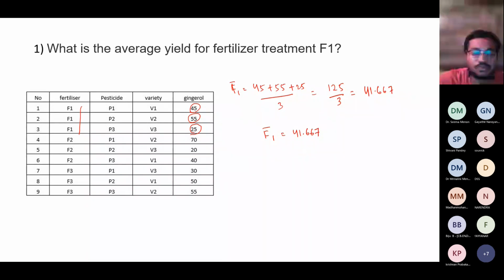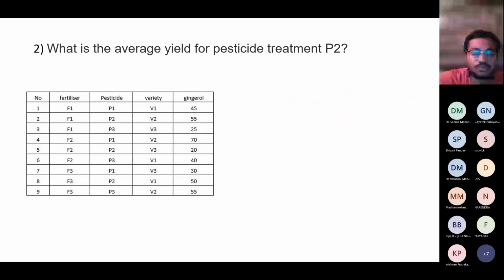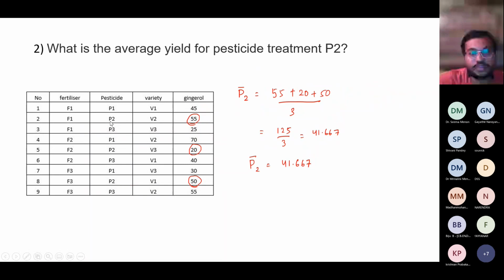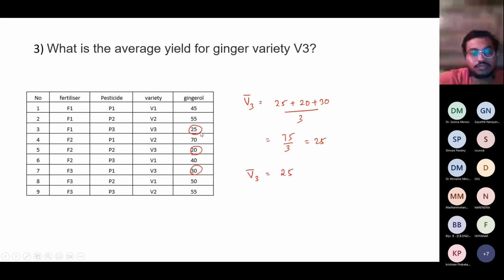We do the same thing for the second and third question. Here we calculate the average yield for pesticide treatment P2. Wherever we have P2, we take the yield values and we average them. And for question number 3, we do the same thing with the variety. Wherever we have V3, we take the values and we average them.